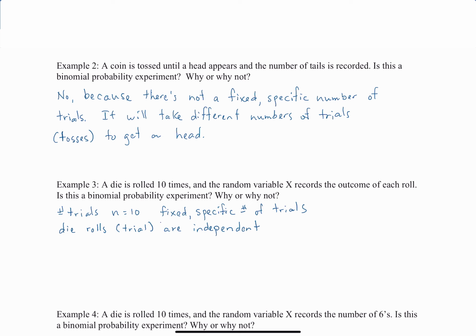Next, we need to make sure that each trial has 2 mutually exclusive outcomes. In this case, the random variable x is recording the outcome of each roll, and the outcome of a die roll is 1, 2, 3, 4, 5, and 6.